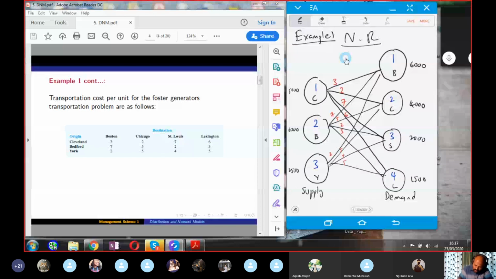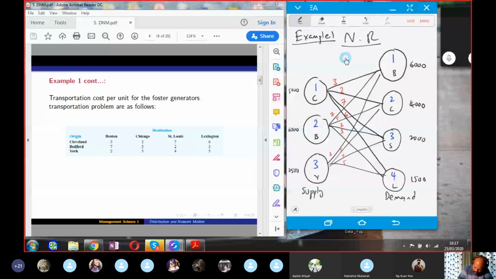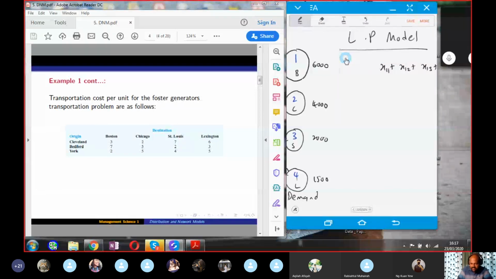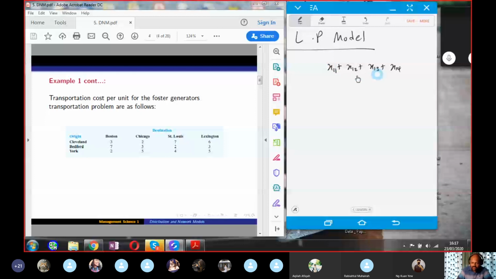So I write X11, X12, X13, X14. This is for Cleveland. The notation of the quantity from Cleveland to Bedford, Chicago, St. Louis, and Lexington are these four things. The same thing we can do for Bedford and York.